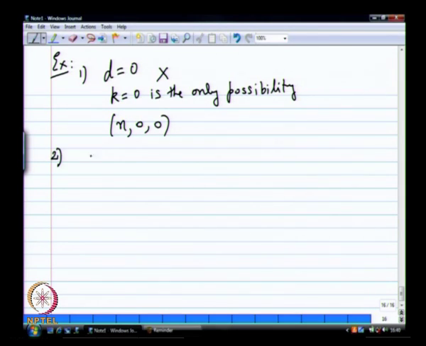The next interesting example is d equals 1. From a code point of view, answering the question is very simple. You just have a weight 1 code word, there is nothing much to say. But from the parity check point of view, what should happen if you have d equals 1? d equals 1 means one column is linearly dependent, so to speak.